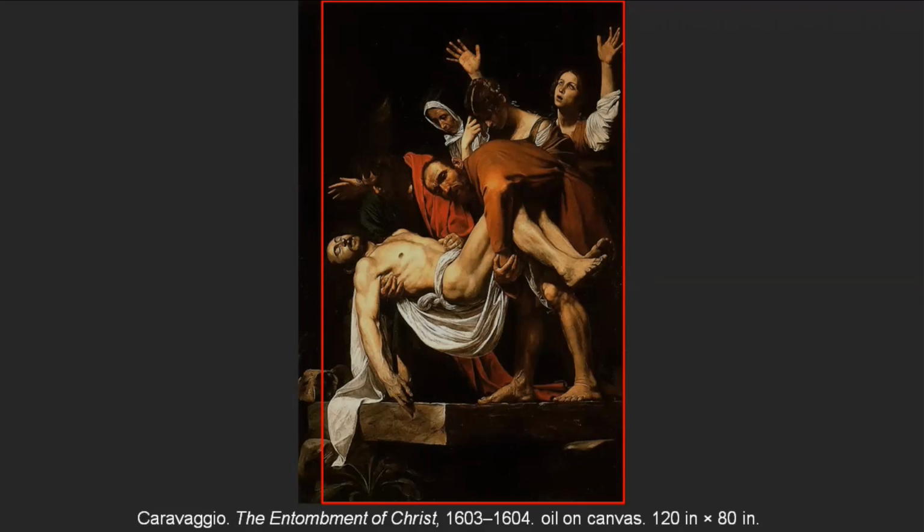The formats that they're using, the canvases and other surfaces that they're using, were oftentimes predetermined for them. Paintings like this were going in churches, and the churches had an area that needed to be filled by the canvas.